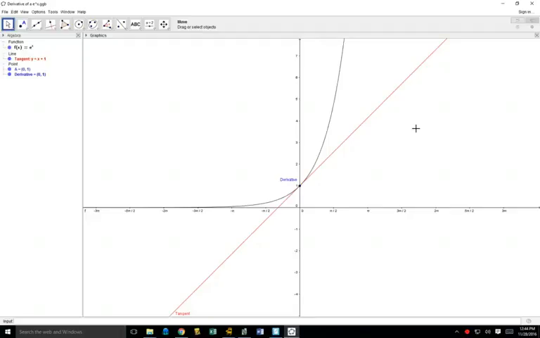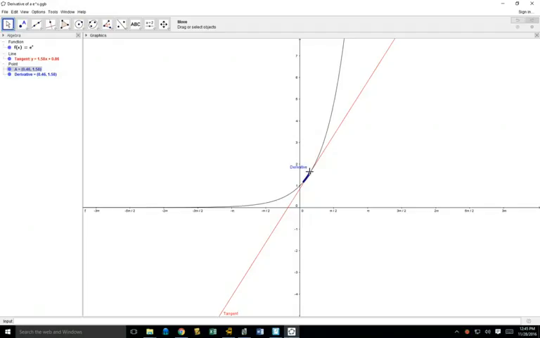The black graph is the graph of e to the x, and the red line is a tangent. And the slope of this tangent line right now is 1. So there's a blue dot at 1. If I drag my tangent somewhere else, every time I drag it, it draws the slope at that point. And so it can make a graph.